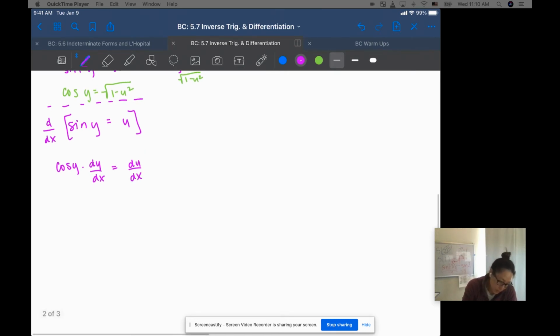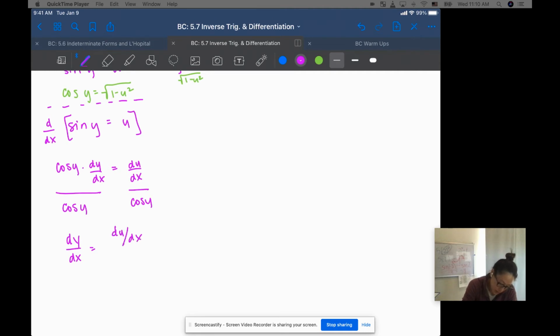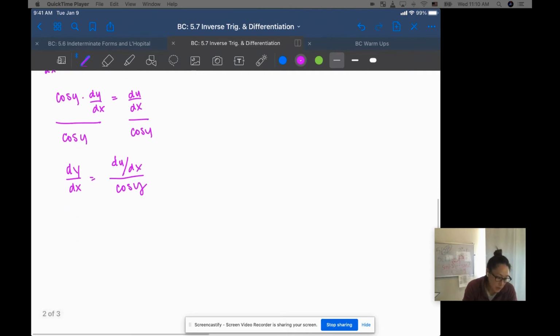All right, we're almost there. We need to isolate dy dx. So I'm going to divide both sides by cosine y. So I get dy dx is equal to du dx over cosine y. And what is cosine y again?